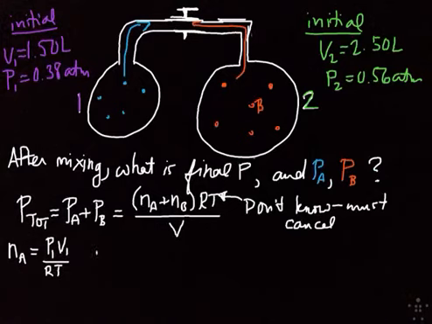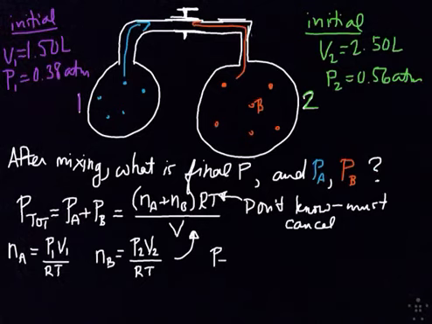And we know the number of moles of B is going to be equal to the pressure in 2 times the volume in 2 over RT at the beginning. So if we plug that back into our equation, then we end up with our total pressure being our P1V1 over RT.